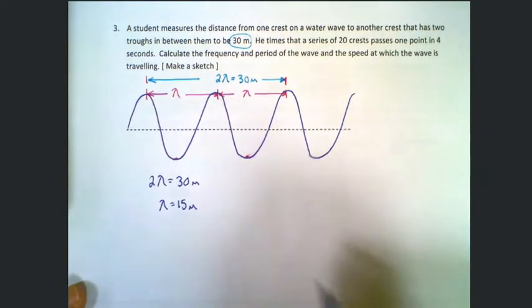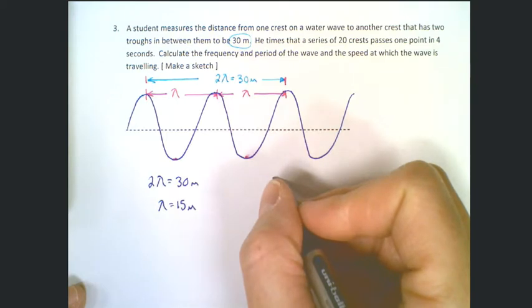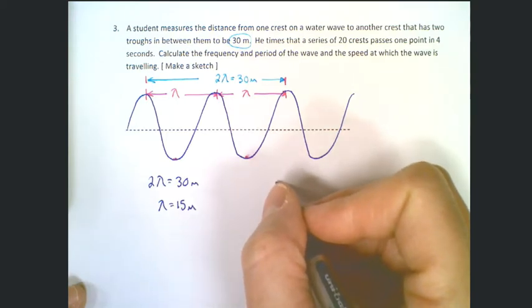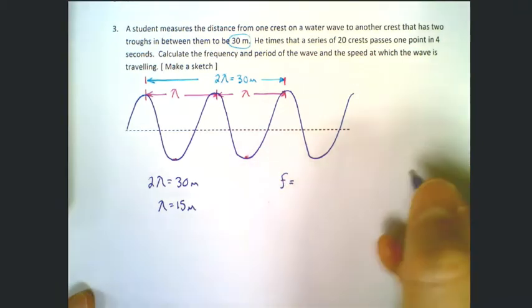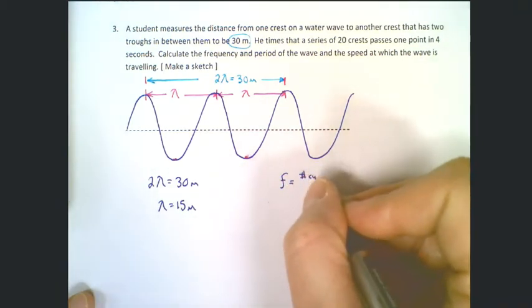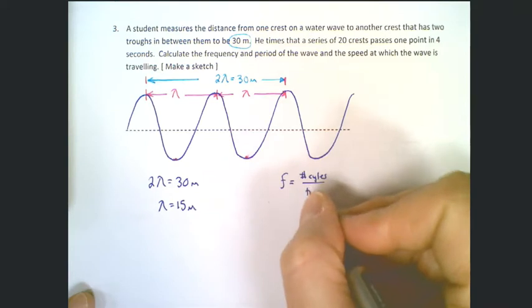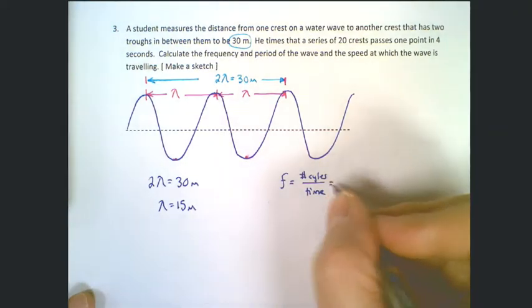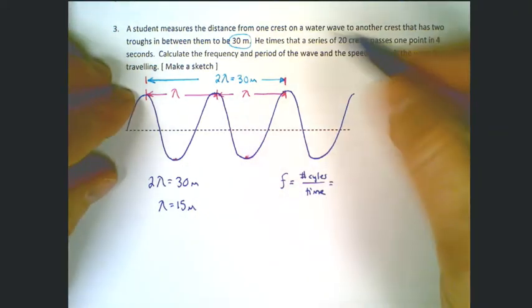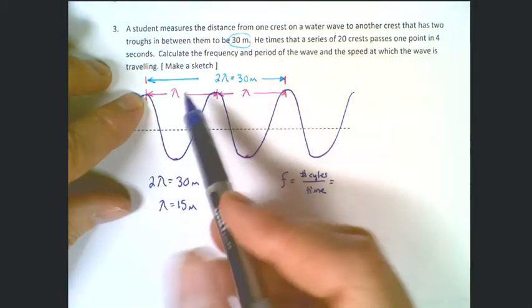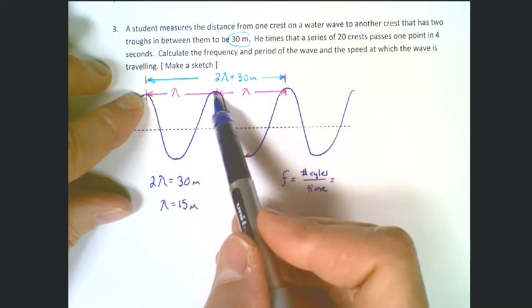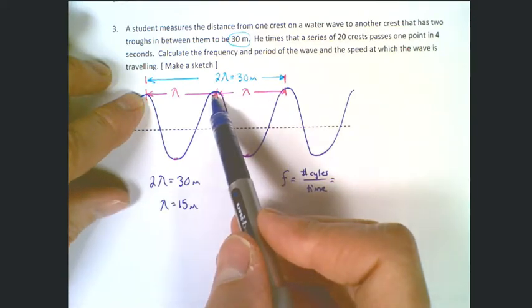All right, let's calculate the period, or the frequency, whichever one. It's up to you, let's start with the frequency. So frequency is the number of cycles per unit of time. All right, well, it says that 20 crests go by 1 point in 4 seconds. So from crest to a crest is called a cycle. Right?